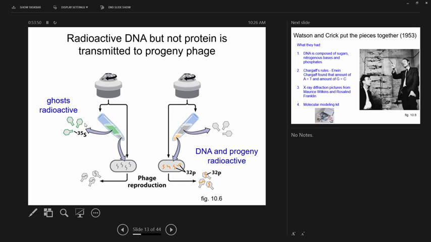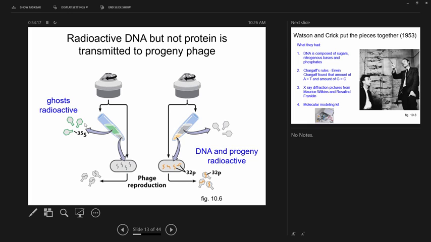These bacterial cells also produced new bacteriophage, and the bacteriophage were radioactive because the original phage DNA was incorporated into the new bacteriophage as well. So this proved it, and if you pick like the top 10 biology experiments of all time, this is going to be on that list because it was a very elegant experiment.